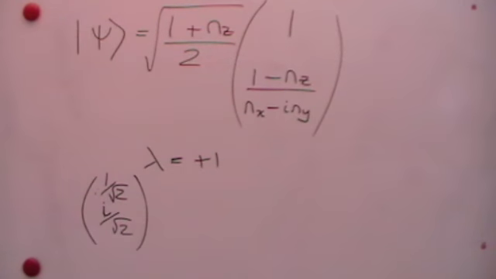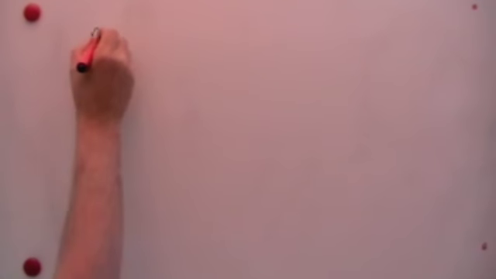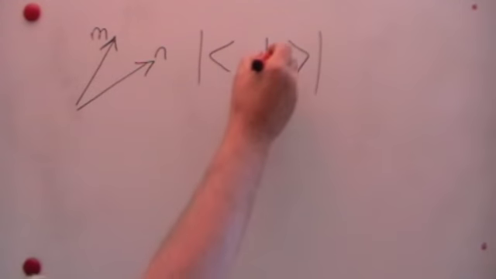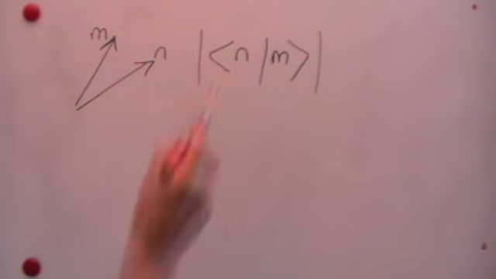Of course, you may then ask yourself the question, what happens if we prepare the electron in state m and measure it in direction n? Then what we're going to have to do is find the probability that something prepared in state m will give us an up reading in state n. You prepare it in state m and you measure it in state n.